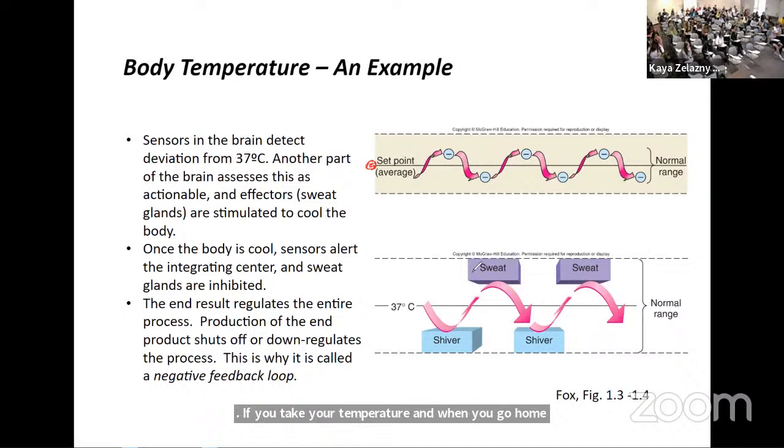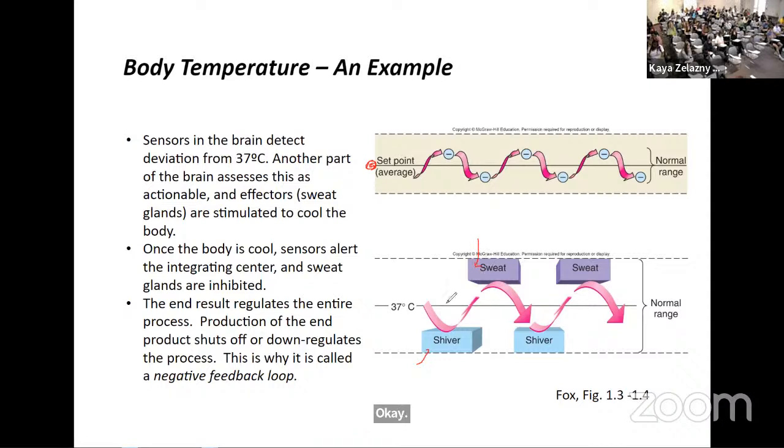And we might also think about the ways in which we change that temperature. Two changes that effector organs can make to change your body temperature that are observable in your life are shivering versus sweating. Okay?